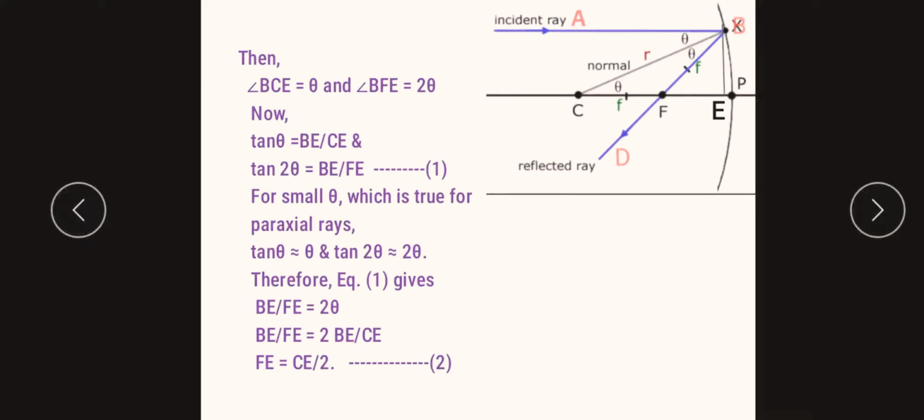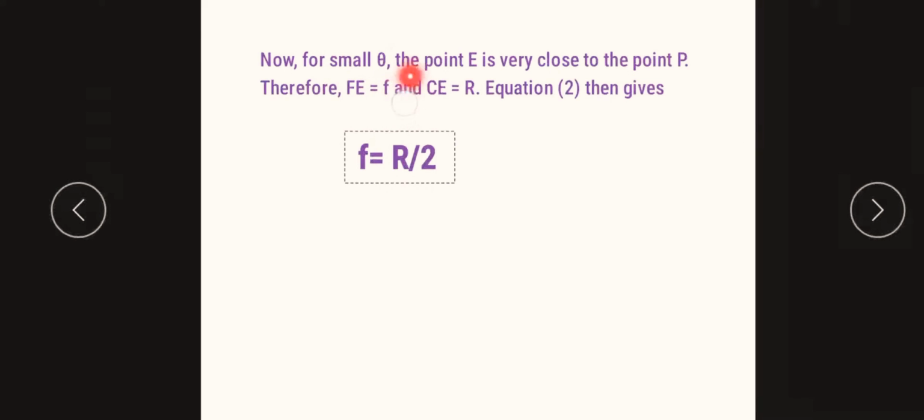And the distance from principal focus to pole we call the focal length. But E is very near to P, hence the distance from principal focus to E is also called the focal length. FE is equal to small f. We can write like this also.